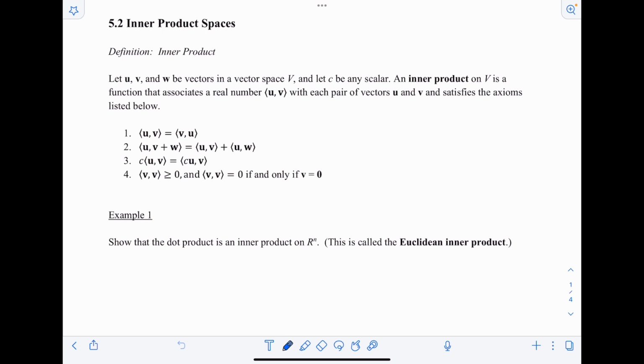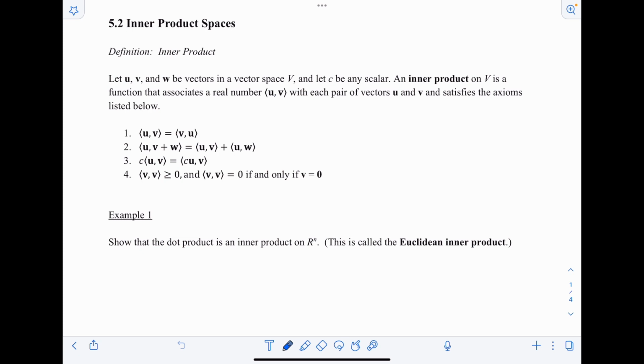Okay, so there are different inner product spaces. There are different inner products. What we're going to do is start by focusing on one that we're already familiar with, and that is the dot product that we learned in the last lesson. So dot product, remember, is where we basically take 2 vectors and multiply their components and add them together and get this scalar. By the way, an inner product will always give you a scalar.